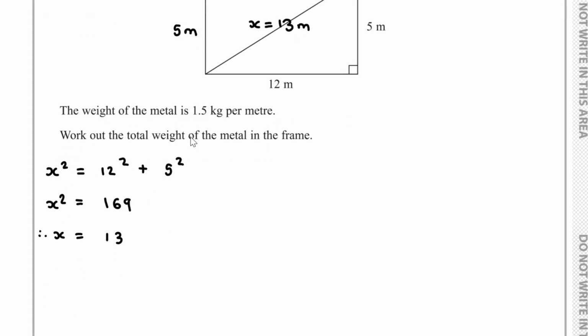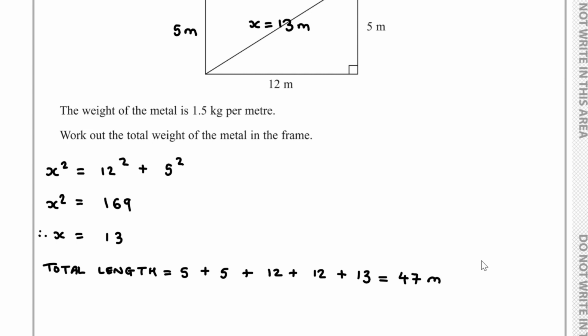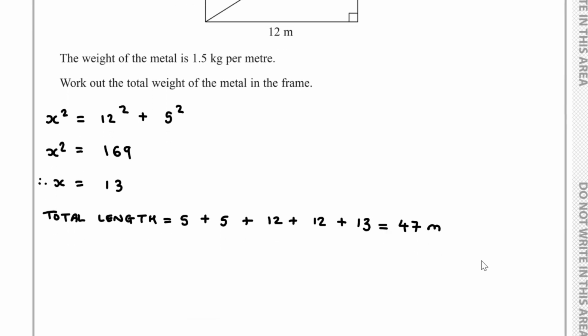So therefore, for the total length, we've got 5 plus 5 plus 12 plus 12 plus 13, which is equal to 47. We have 47 meters for the total length.